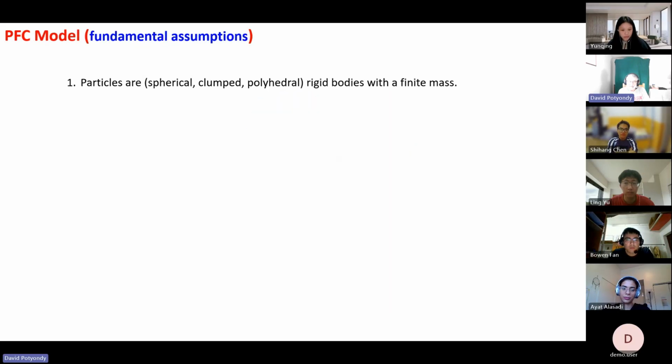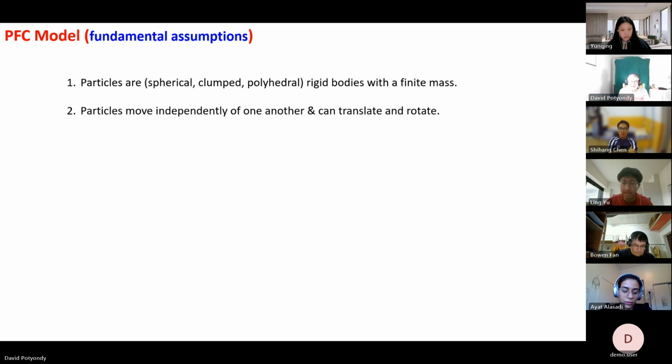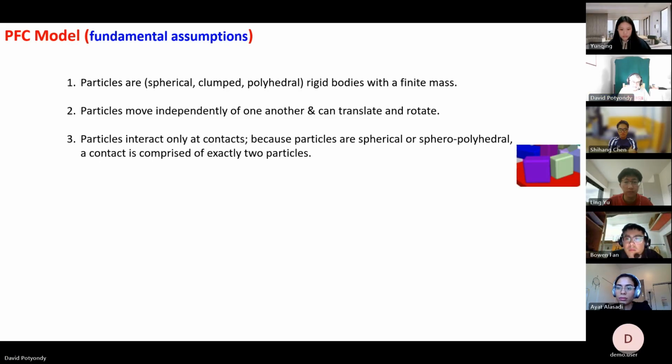So here we go. Fundamental assumptions here. These particles are rigid bodies, okay? And they have a mass. They're all moving independently, and they can move in the proper way that real bodies in 3D space move. The motion can always be decomposed into a translational component and a rotational component.